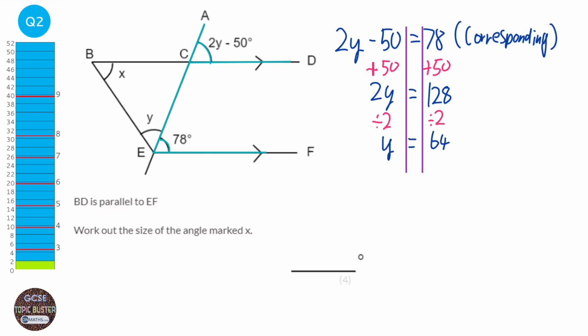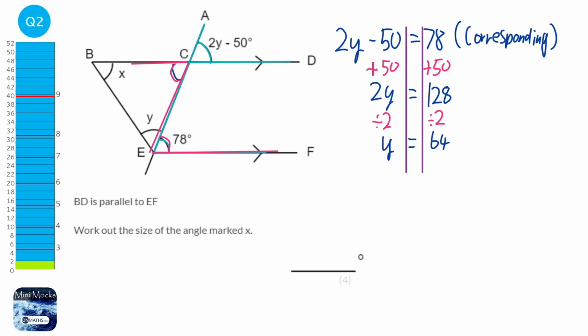And so we look back at the diagram to find out how we'd work out x. Well, there's a few different things we can do. We could work out the fact that these two here are vertically opposite. That would be absolutely fine. But actually, if we look at this part here and this part here, these are also two parallel lines, and this angle here and this angle are going to be alternate.